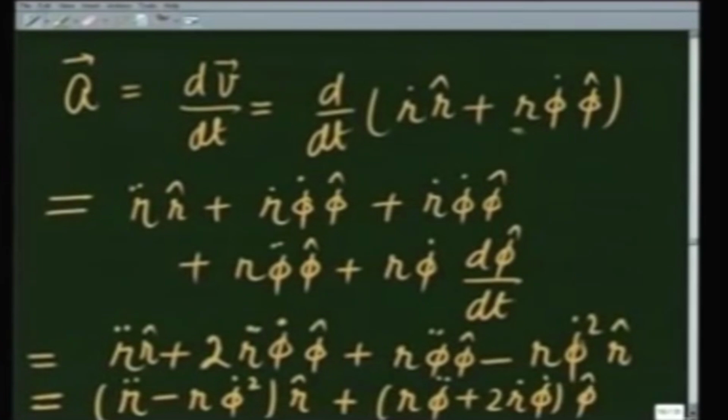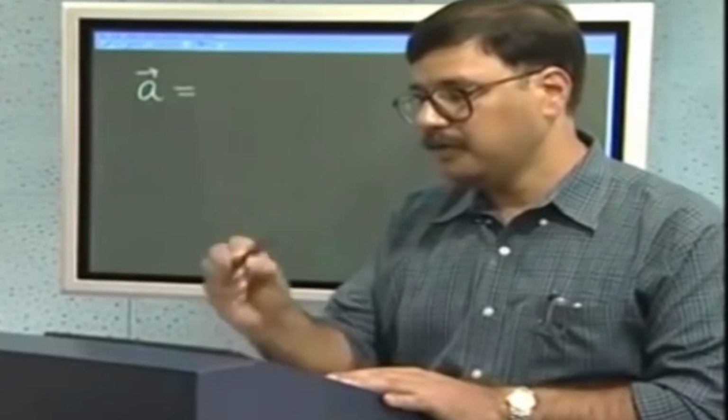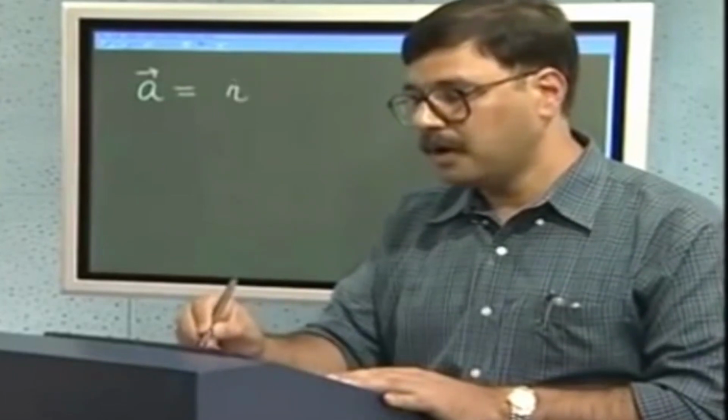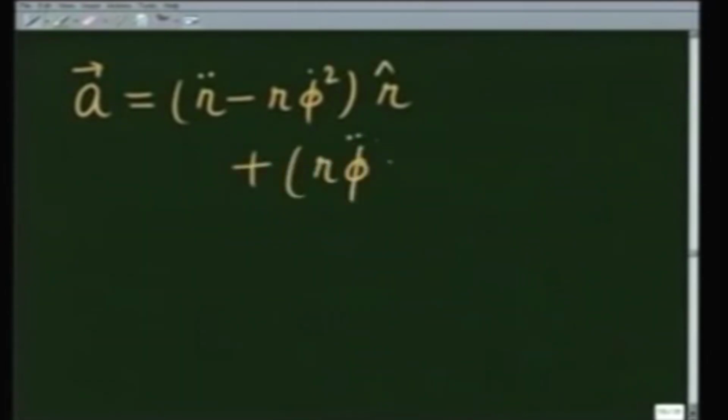Let me rewrite it for you. Again, this is equal to r double dot minus r phi dot square in r direction plus r phi double dot plus 2 r dot phi dot in phi direction.